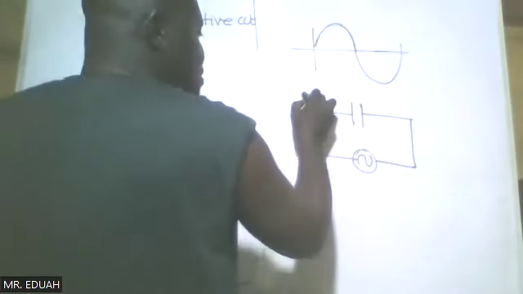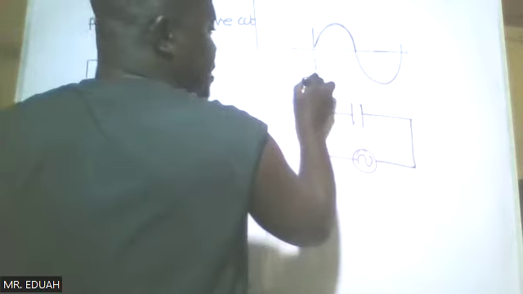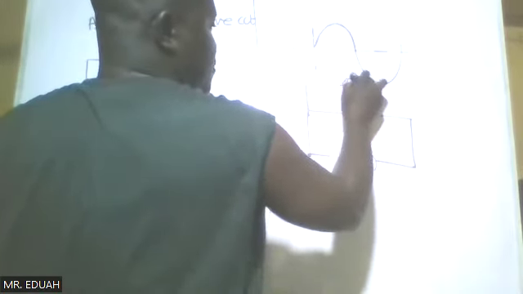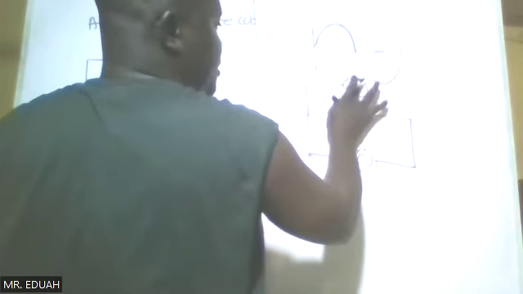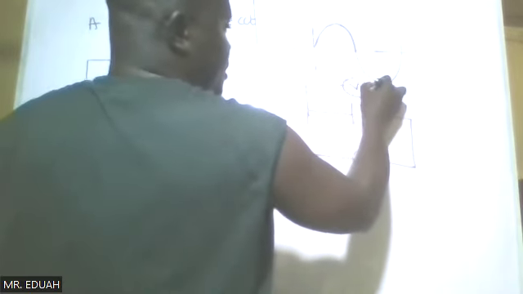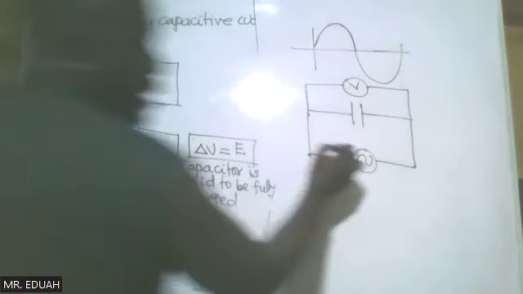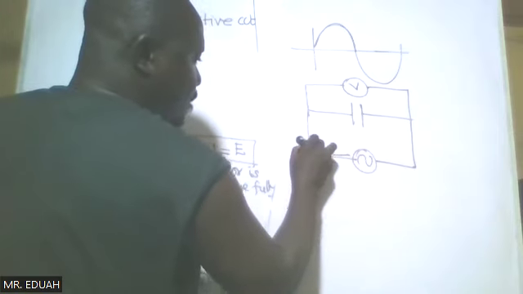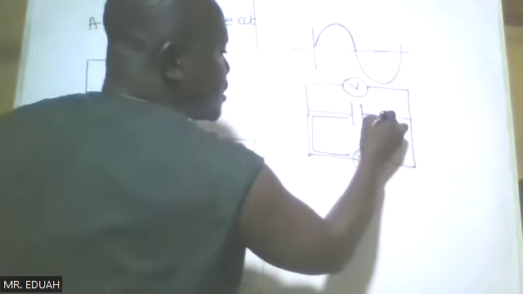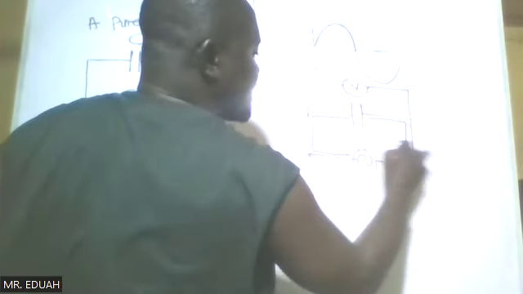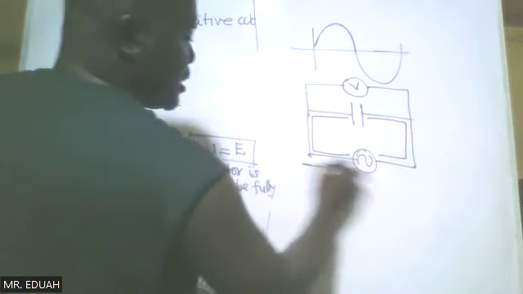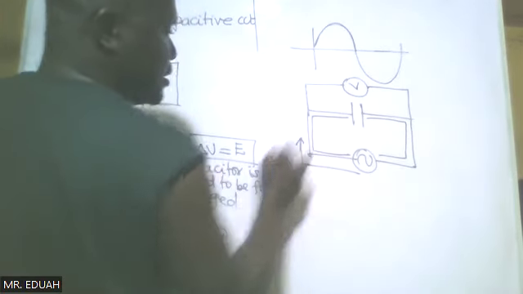If you connect a voltmeter V across the capacitor, the observation is that during one cycle flow of the current, the current flows in this direction.